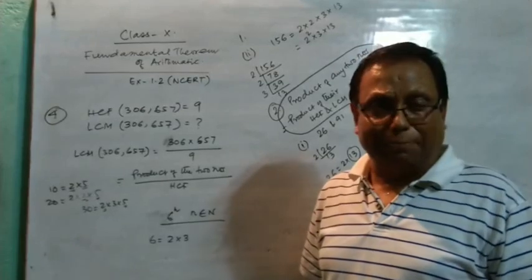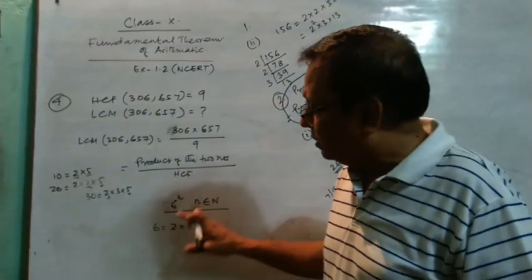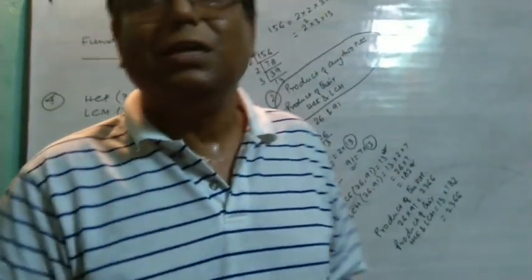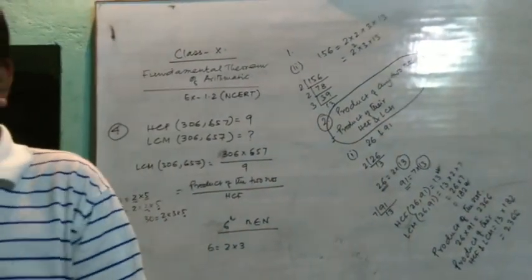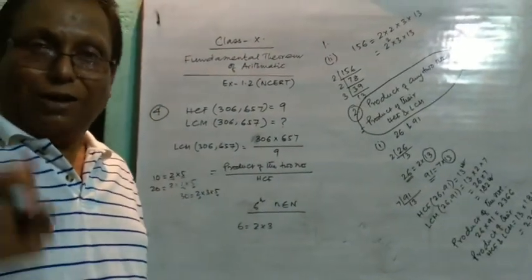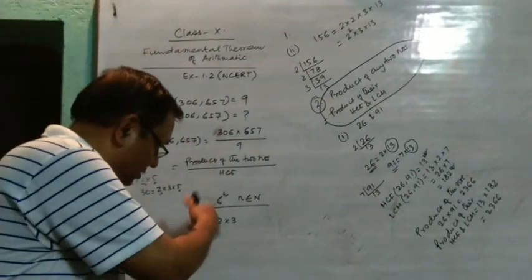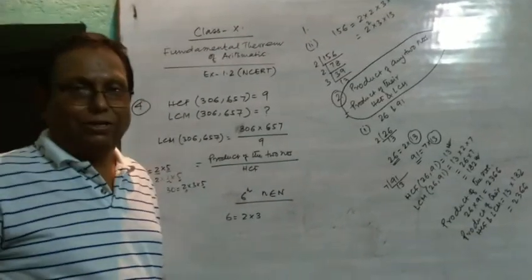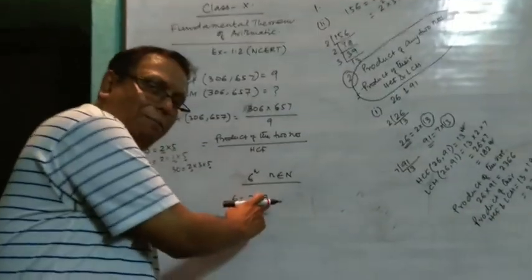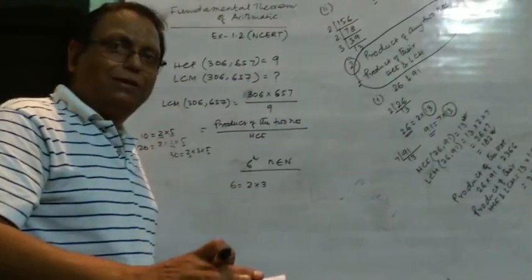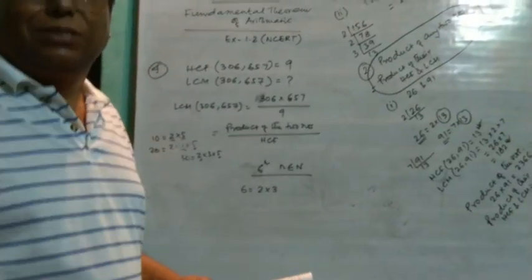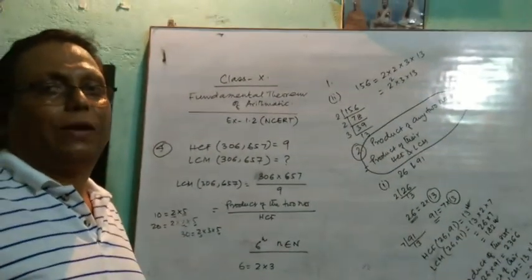Since 5 is absent, therefore the expansion of 6 to the power n can never end with the digit 0. So this is the clarification. You have to give the explanation, what you have understood, what I mean to make you understand, that you have to just write. The prime factors of 6 consists of 2 and 3, and it does not contain 5. Every number which ends with the digit 0 must have 2 and 5 as its prime factors.